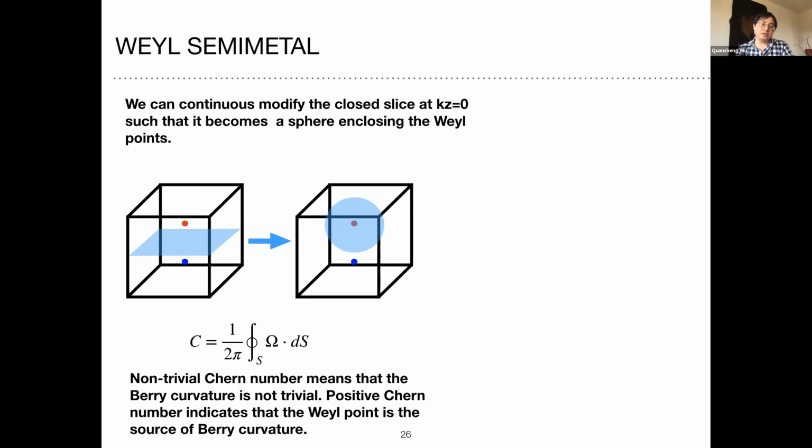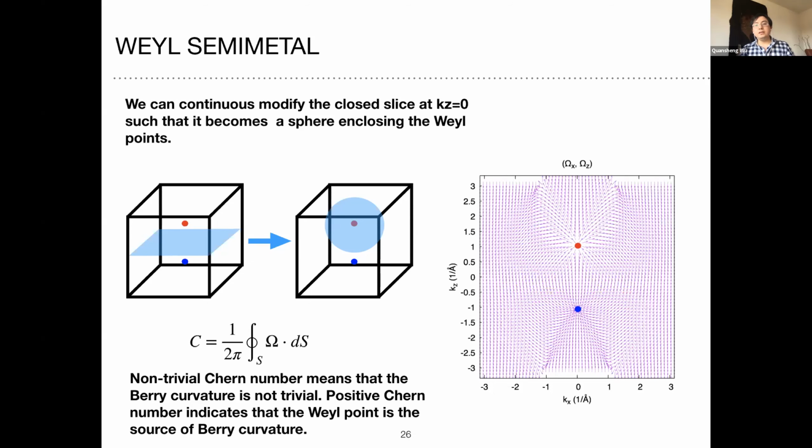By the deformation, the integral of the Berry curvature will not change. So it means that there must be some source of the Berry curvature from this node point, from this Weyl point. So if we have a Weyl point, then it becomes a source or a drain of the Berry curvature.